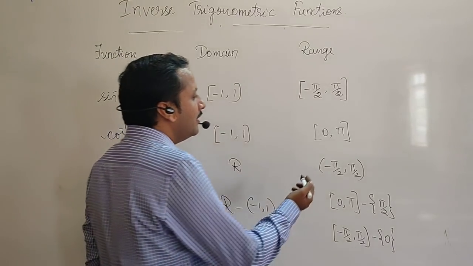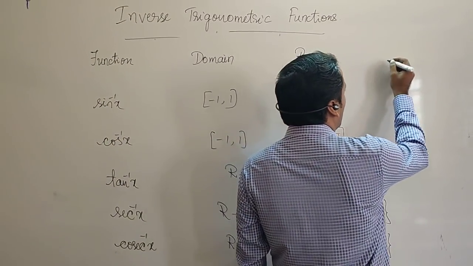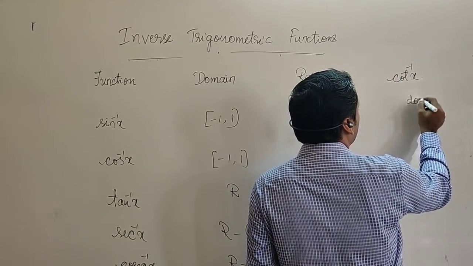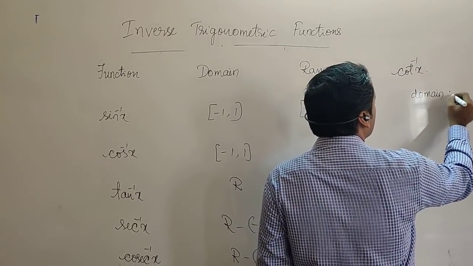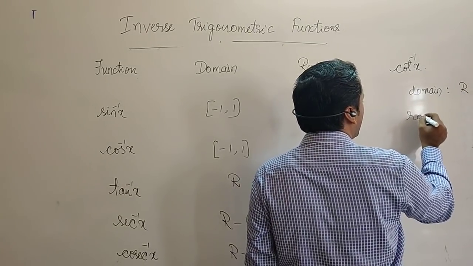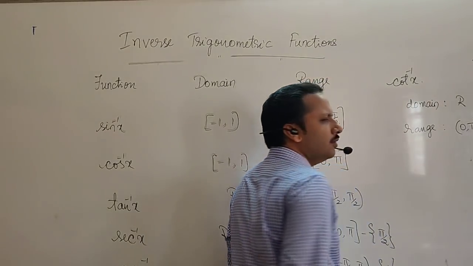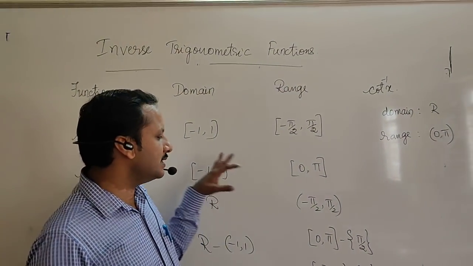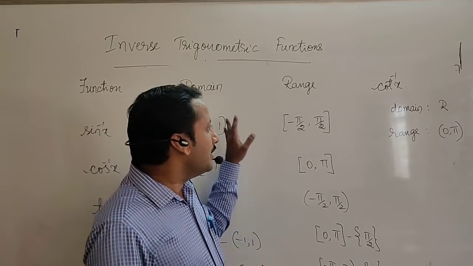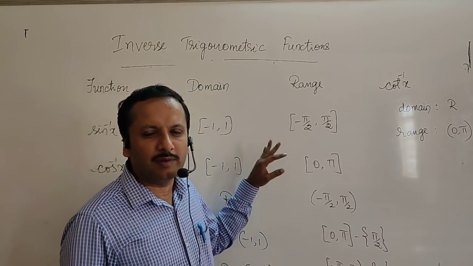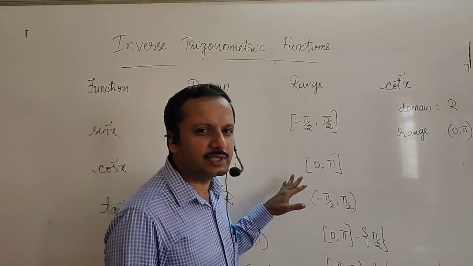Then for cot inverse x, the domain is set of all reals and the range is open interval 0 to pi. So students, make a note of this. This table is very essential to solve the problems which come in this chapter.